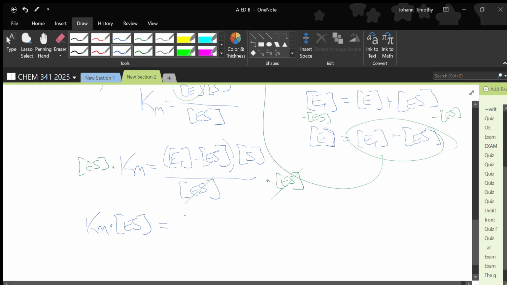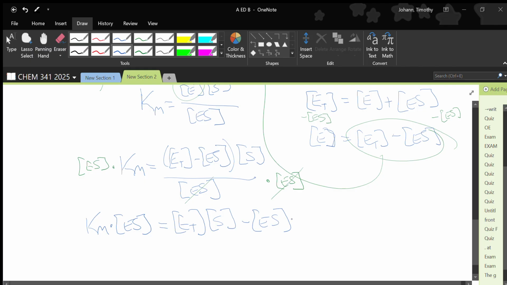Now I have Km is equal to enzyme substrate is equal to, I'm trying to remember, I think I want to split these up. So let me look at my notes. Yeah, that's happier. I'm going to distribute the stuff on top. So I end up with enzyme total times substrate concentration minus enzyme.